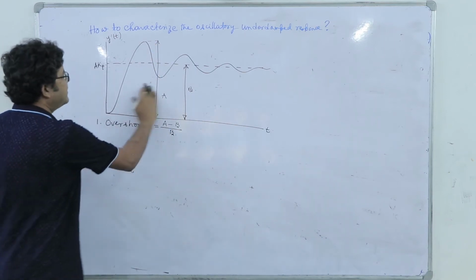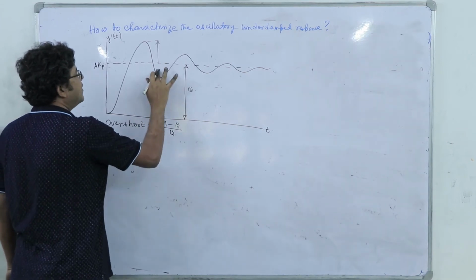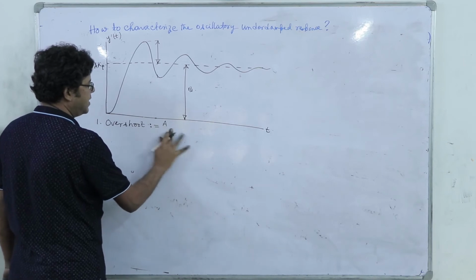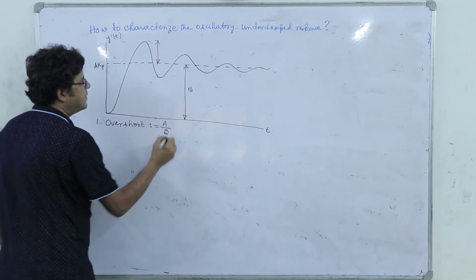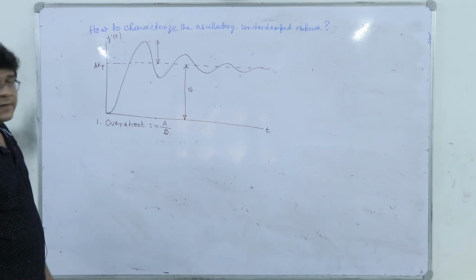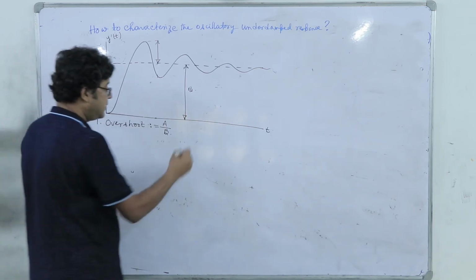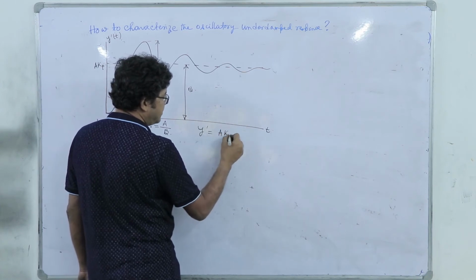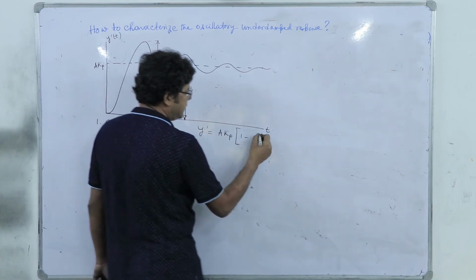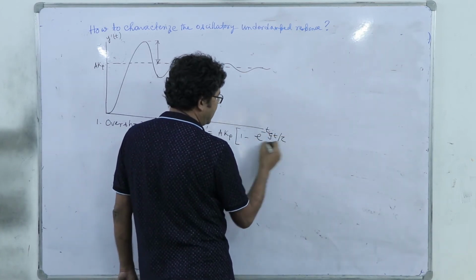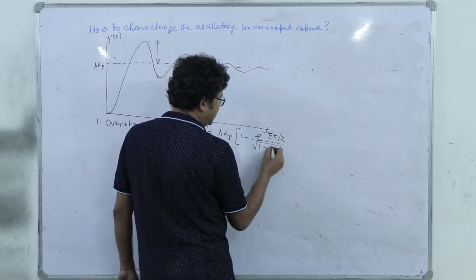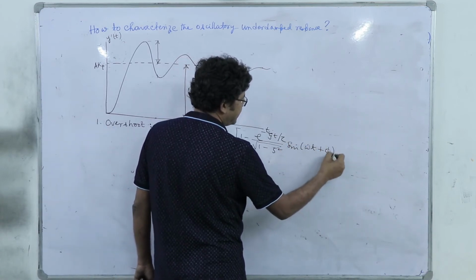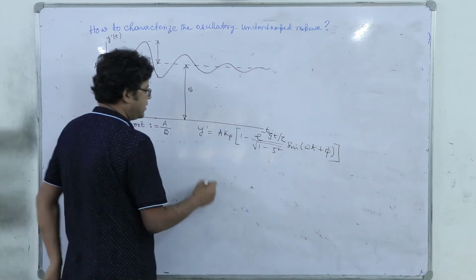Okay. Or rather, if I define A from here, then we may erase this A minus B, we can write simply as A by B. It is defined as overshoot. How can we find that? See, we have got the expression of y prime as A Kp [1 minus e to the power minus zeta t by tau divided by under root of 1 minus zeta square] into sine of omega t plus phi. Right.